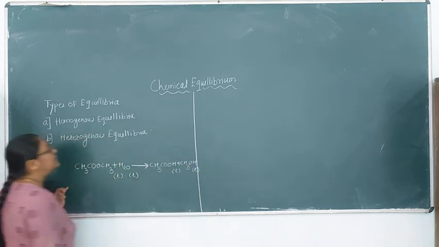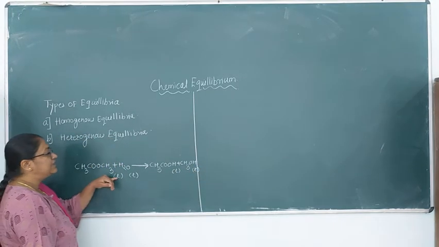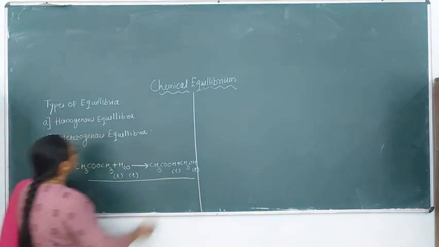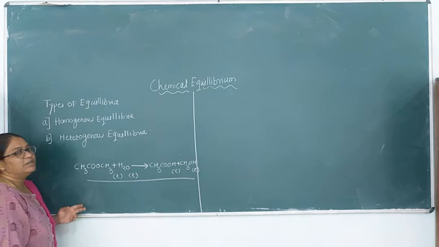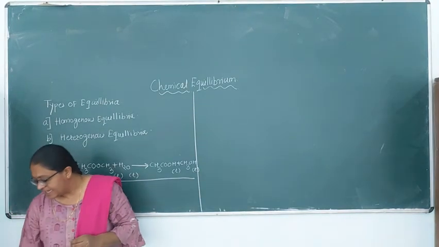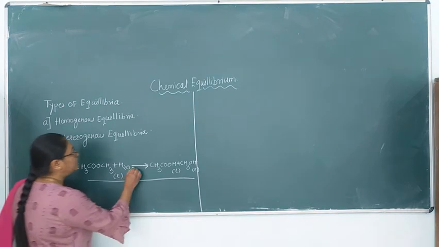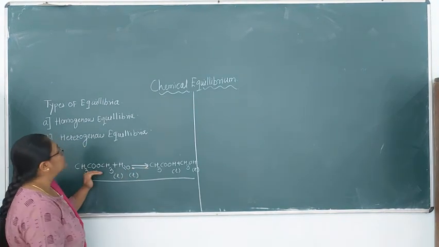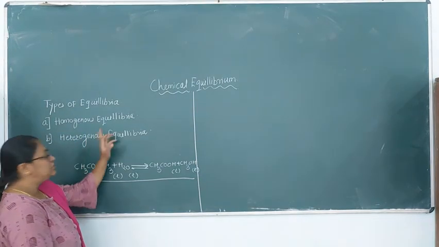Here all the reactants are in the liquid phase, hence this is an example of a homogeneous equilibrium reaction. As the equilibrium is formed here, the arrow must be a double arrow. So this is an example of homogeneous equilibrium.